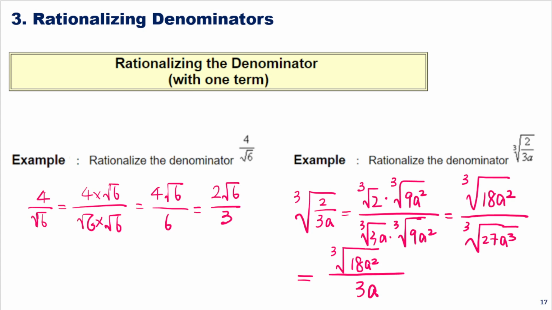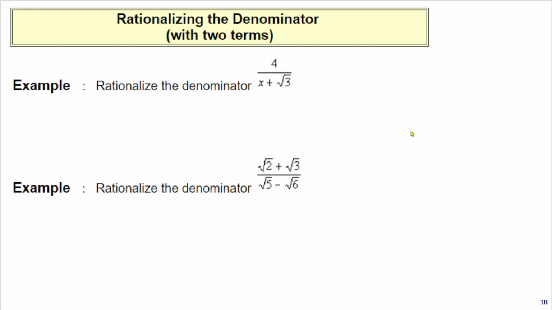And sometimes we have two terms in the denominator position. So let's consider these two examples here. The first one, if you want to rationalize the denominator, we need to multiply both the numerator and denominator by x minus square root 3, right?